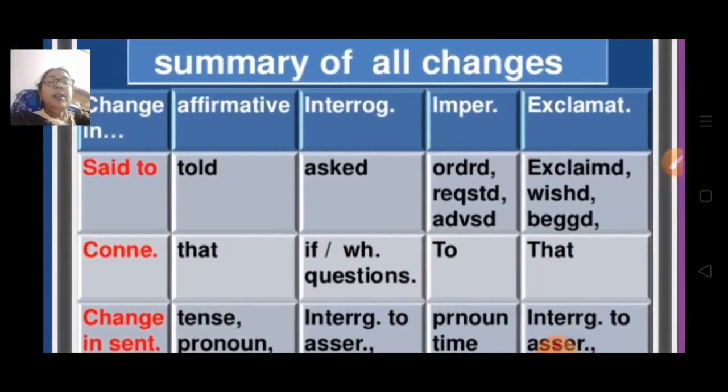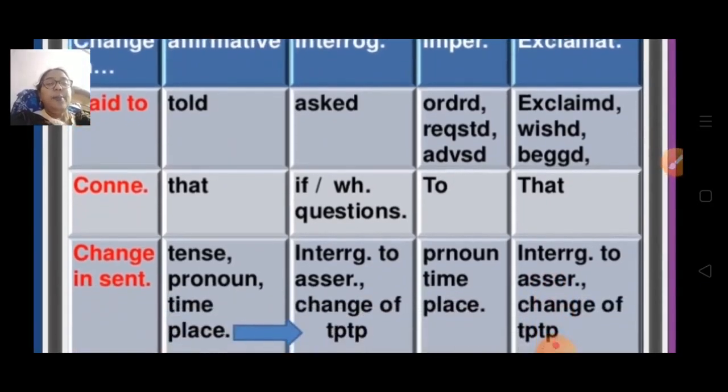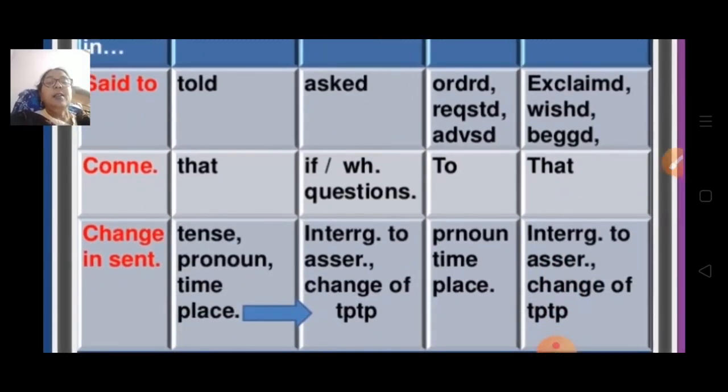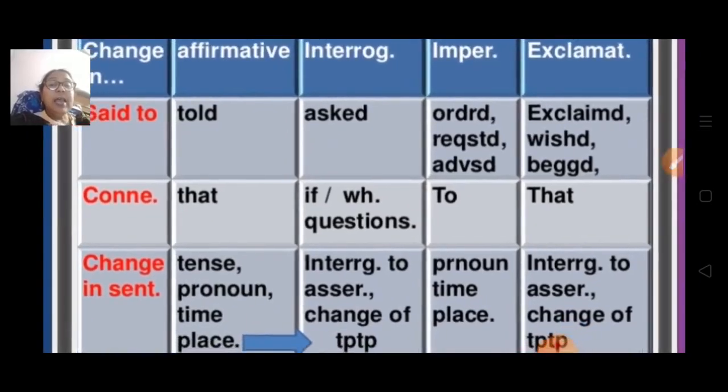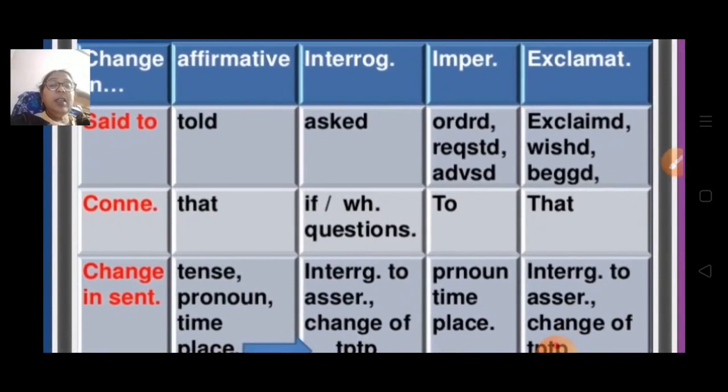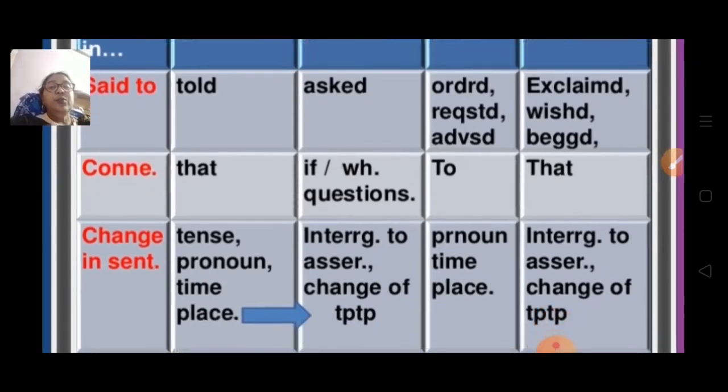In imperative sentences, "ordered", "requested" and "advised". And in exclamatory sentences, we write "exclaimed", "wished" or "begged". Now the connector, how we connect two statements together: in affirmative sentences we use "that", in interrogative "if" or the wh-word if it is a wh-question, in imperative "to", and in exclamatory "that".